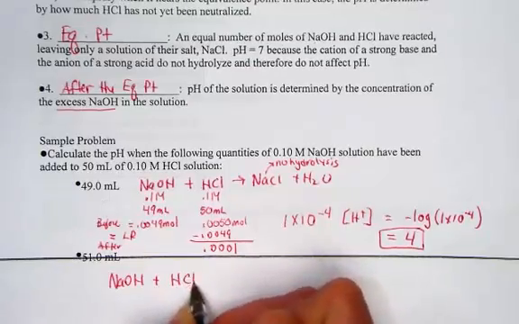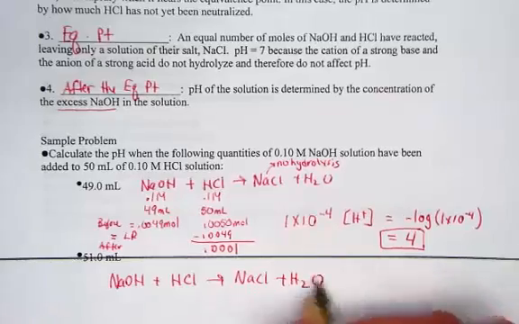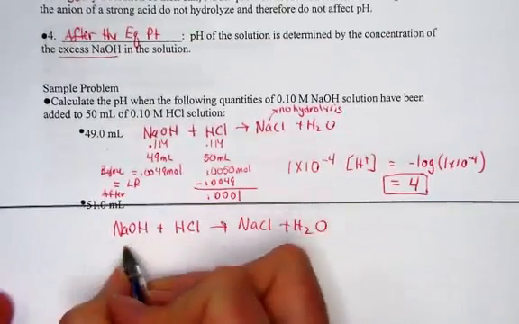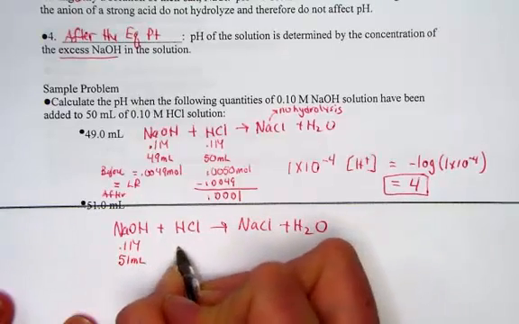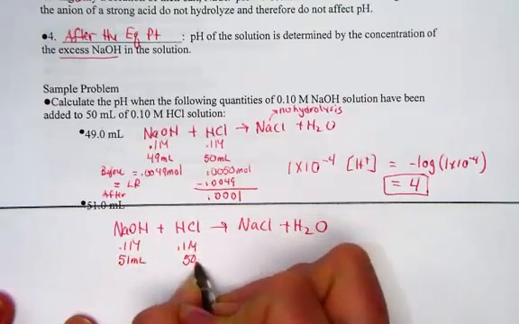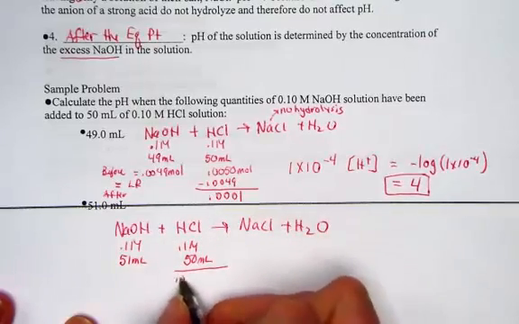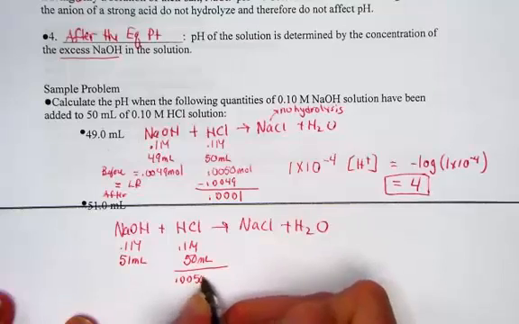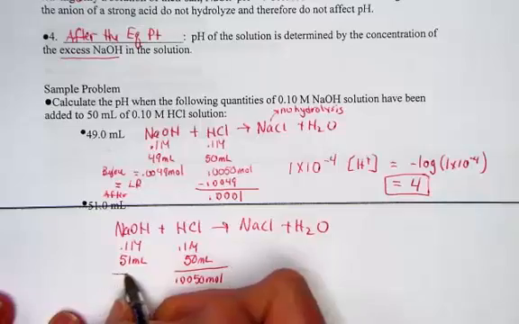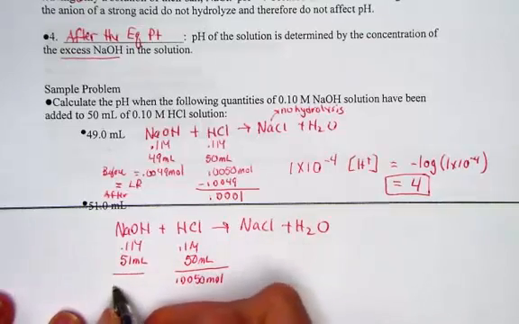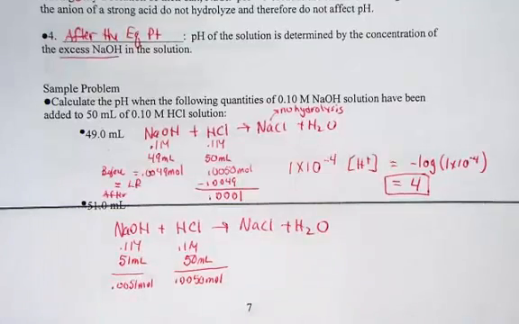again considering the stoichiometry, we see that if we added 0.1 molar and it was 51 mL compared to the 0.1 molar of 50 mL, and again considering the stoichiometry, we have 0.0050 moles of acid, molarity times liter. And we'll do the same here, 0.0051 moles of base.